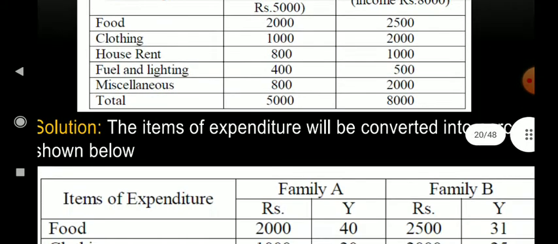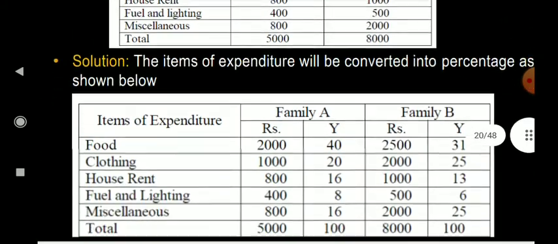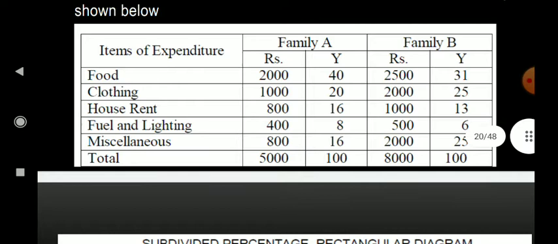Just like in the percentage bar diagram, we are finding out the percentages. Here family A and family B are on the X axis, and Y represents the percentage. So how does this 40% come for family A? The first value of Y is 2000 divided by the total, that is 5000, multiplied by 100. So 2000 divided by 5000 multiplied by 100, you will get 40, and so on. You have to do this for both family A and family B, and you will get the percentages.